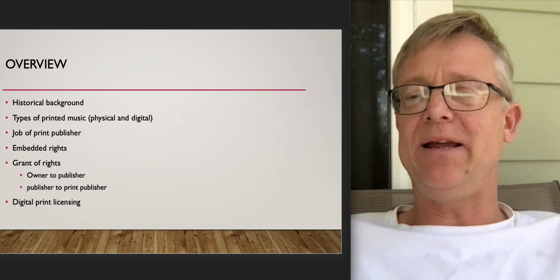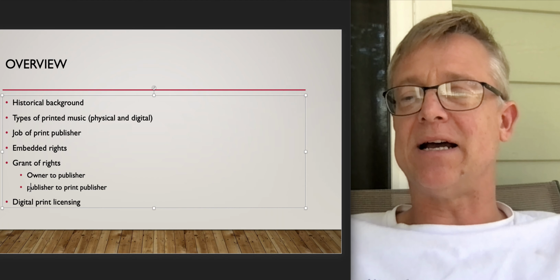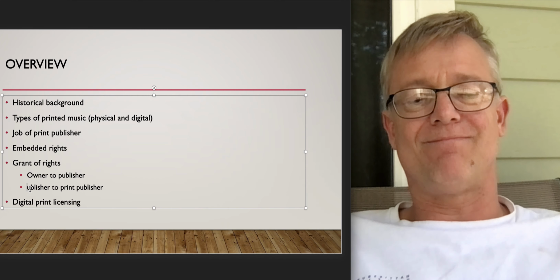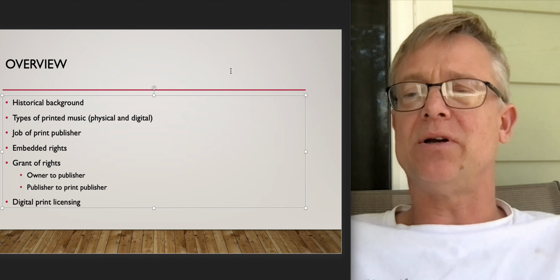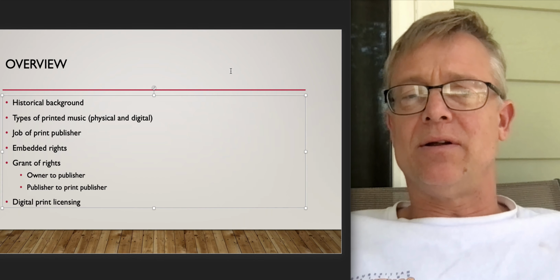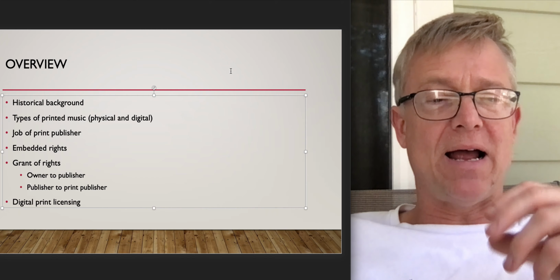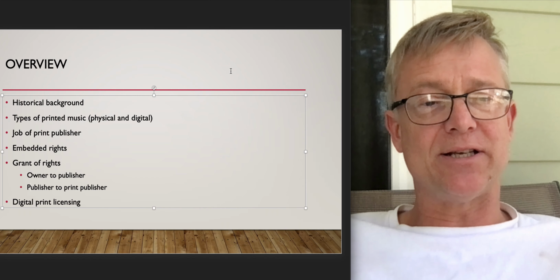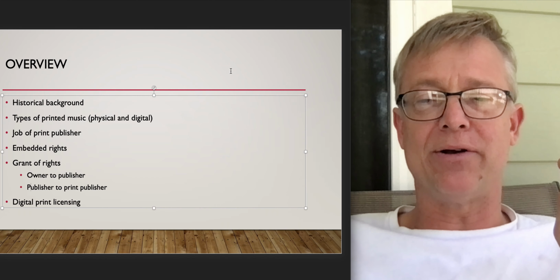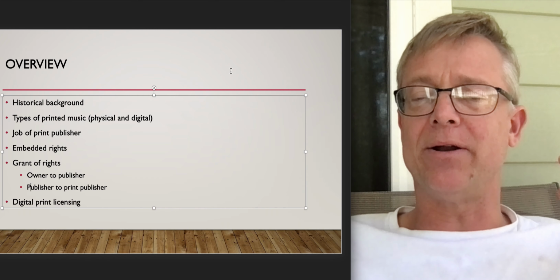You can see down here on the grant of rights side, we will also look at the rights from the bundle of rights that the publisher has. As soon as the songwriter signs up with the publisher, that entire copyright goes over along with all of the bundle.